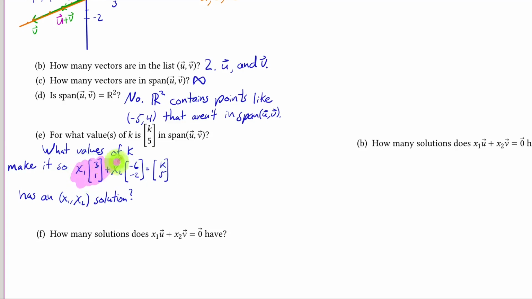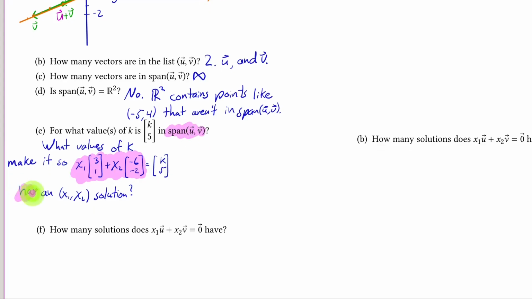Vectors that are in the span are any linear combinations of those two vectors, right? And if we can get an x1, x2 solution, that means we can get to the vector k5 within the span.